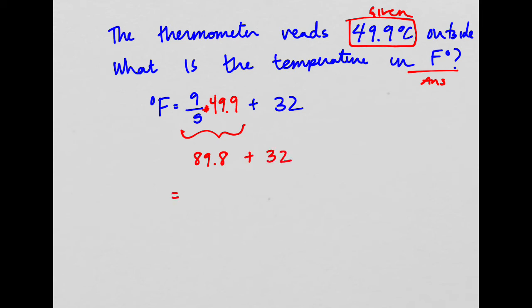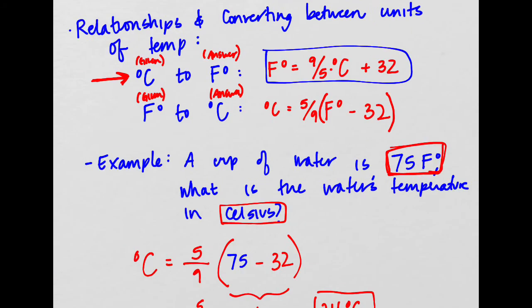And we get an answer of 122 degrees Fahrenheit. So there we go. That would be our answer for that one. So this is the simple way to convert between Fahrenheit and Celsius.